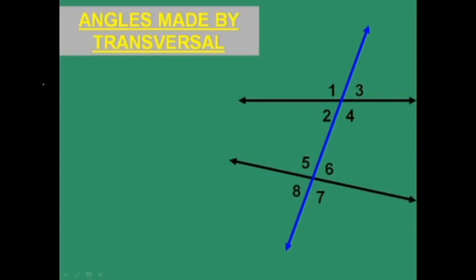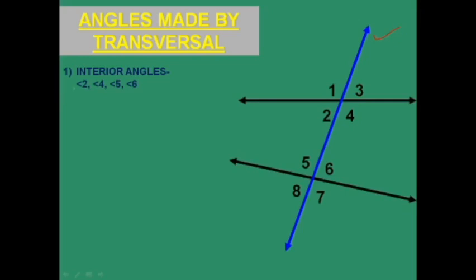Here angles 1, 2, 3, 4, 5, 6, 7 and 8 are angles made by the transversal. When the transversal intersects two lines, some angles are in the interior and some are in the exterior.